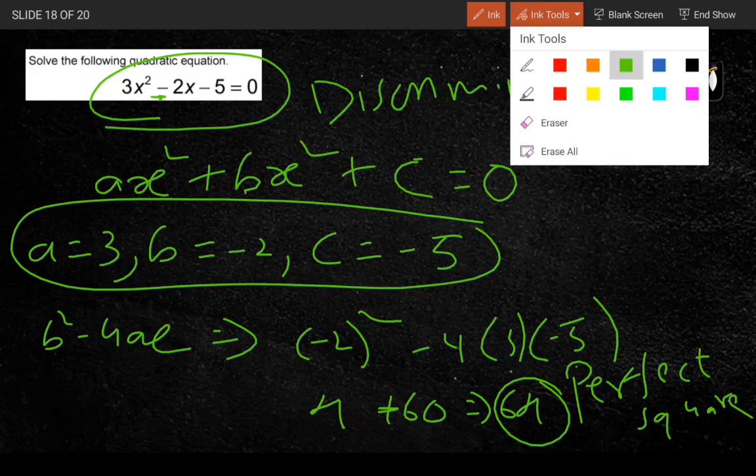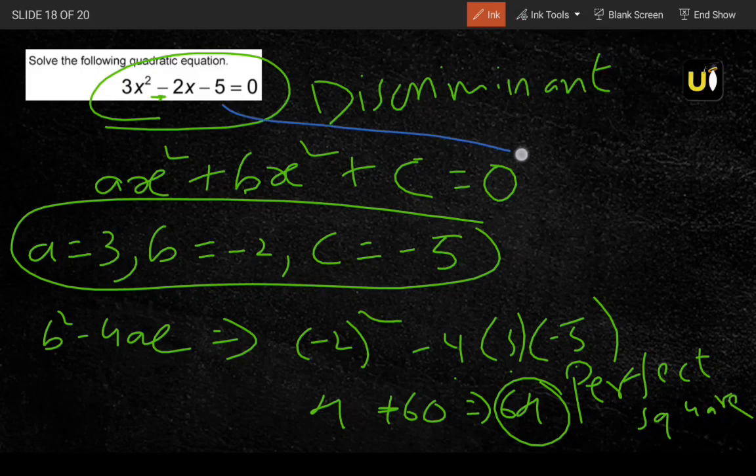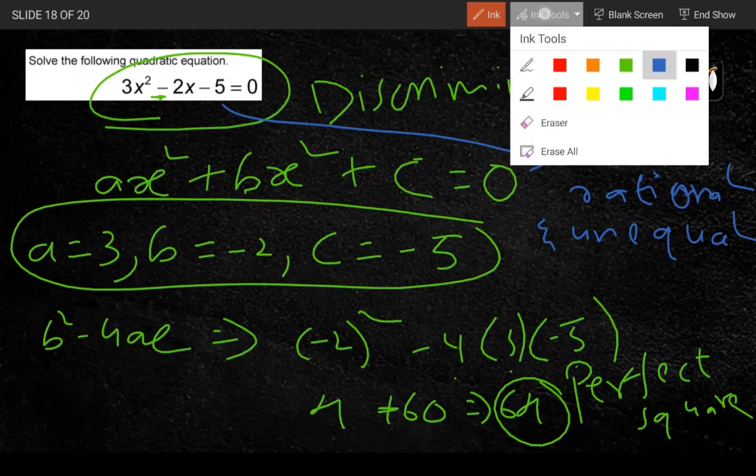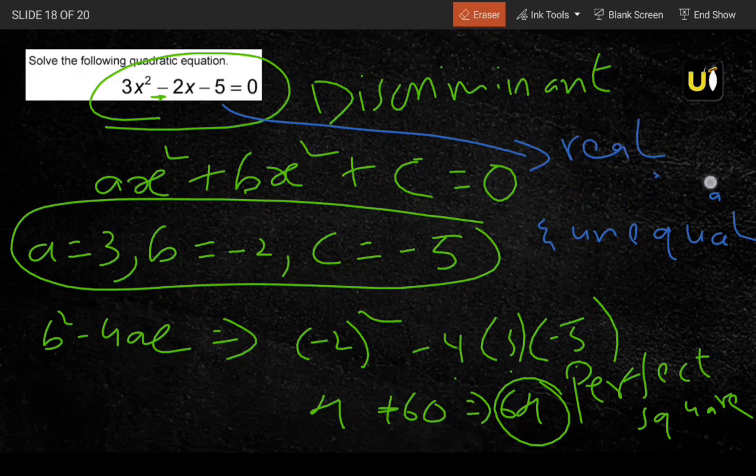That means this equation is having real, rational, and unequal roots. So we got the discriminant as a perfect square. As we have discussed before, the roots are real, rational, and unequal.